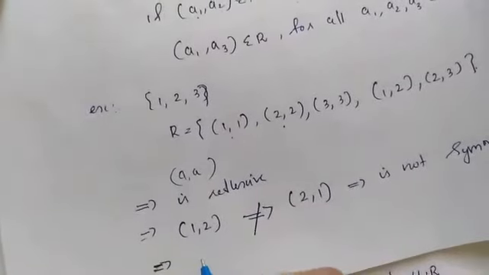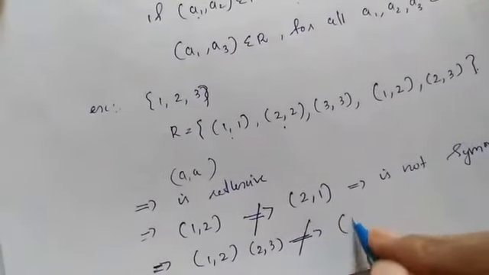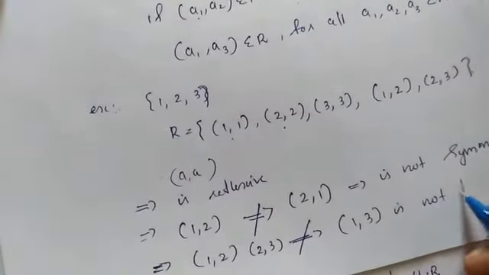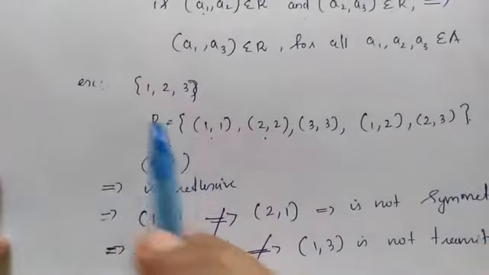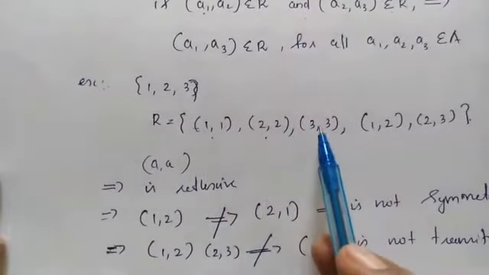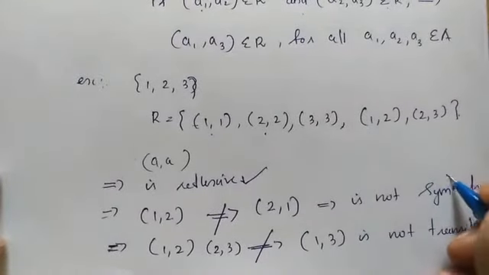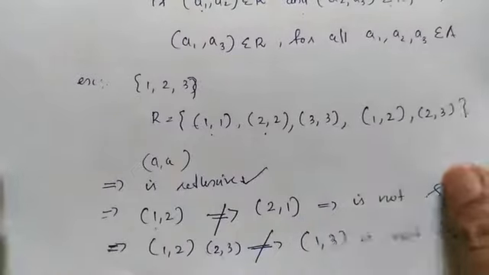Similarly, (1, 2) and (2, 3) are present, but (1, 3) is not present, hence it is not transitive. In the example, in the relation (a, a), that is (1, 1), (2, 2), (3, 3) is present, hence the relation is reflexive, but it is not symmetric and not transitive since these two conditions are not satisfied. Let's go to another example.